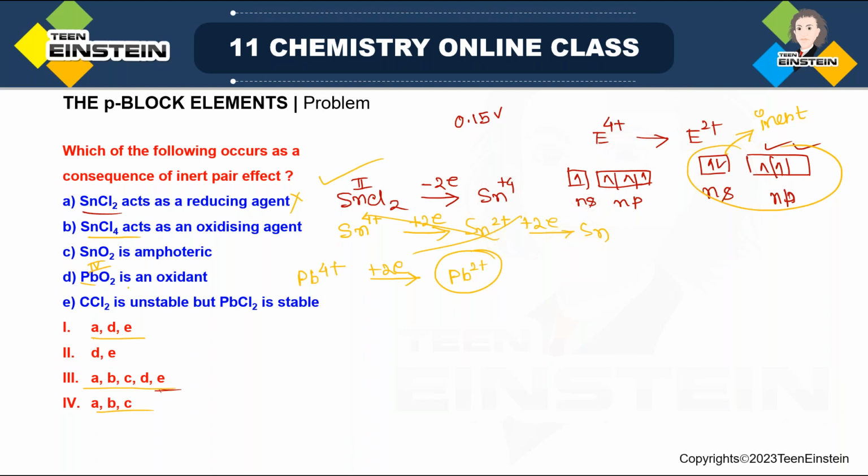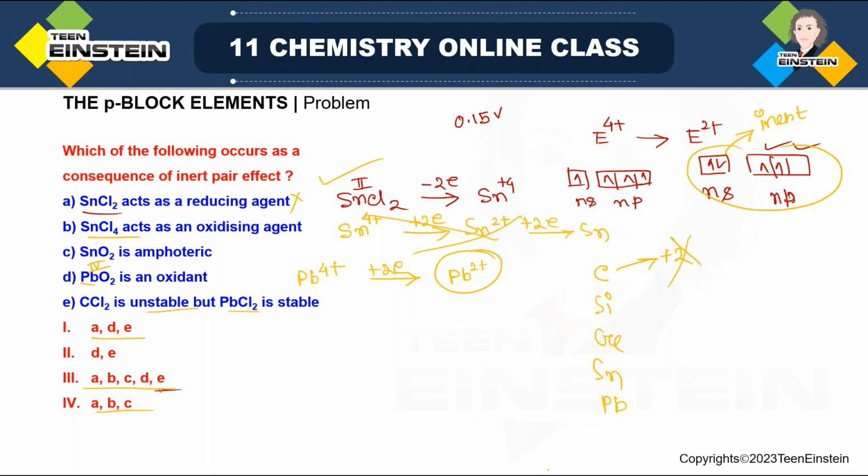And the last one is CCl2 is unstable, but PbCl2 is stable. Now C is here, then you move to Si, then germanium, then tin, then Pb. So C is the first element, Pb is the last one. And for C, the +2 state is not possible. We have already seen in the halide slide, it is clearly mentioned that for carbon and silicon, halides are not possible, and even if they exist, they will be highly unstable.